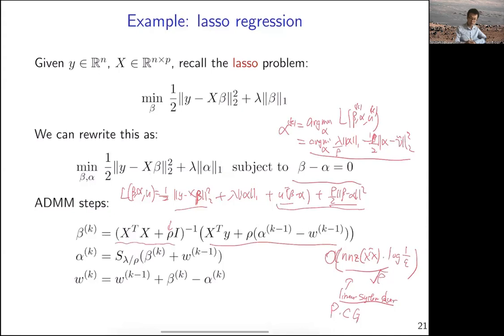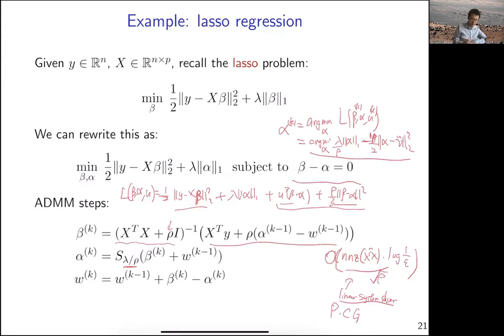So that's probably another reason why you want to work with a scaled version of the ADMM algorithm, because then this becomes soft thresholding without needing this additional rho. So the point is that this is something that can be solved in linear time as well.